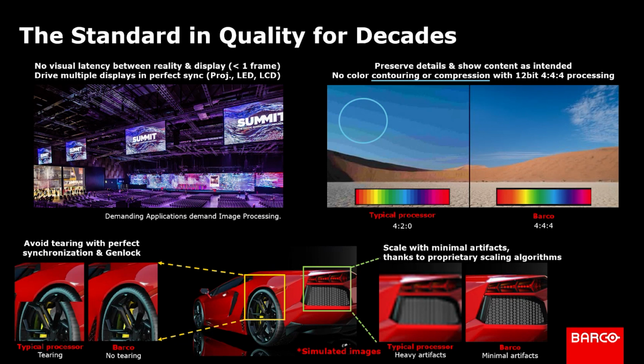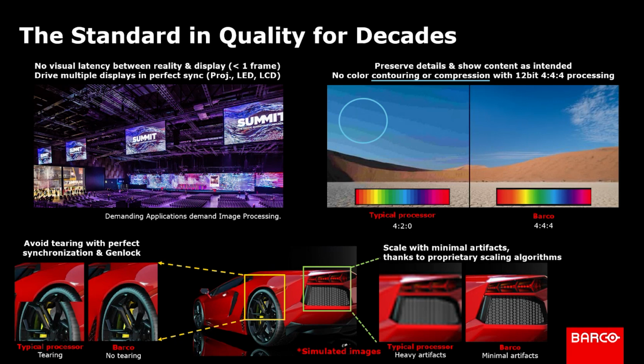We do everything trying to preserve ultra high fidelity, right? And so we also see, down below, some scaling and artifacting images. Typical processors have heavy artifacts when you start to scale up or even scale down, right?